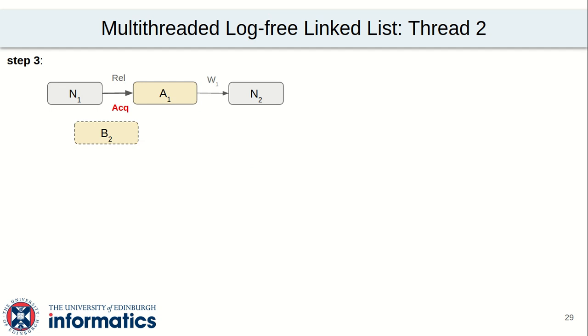Now let's say that thread 2 wants to insert a new node B2 between N1 and A1. Accordingly, it must first identify the appropriate point to insert by reading the link with the read marked acquire. Why acquire? Because the later updates to the list must not overtake this read.